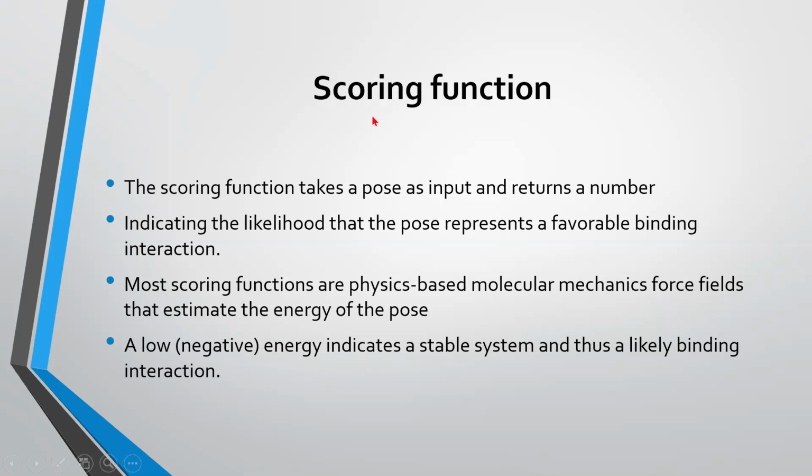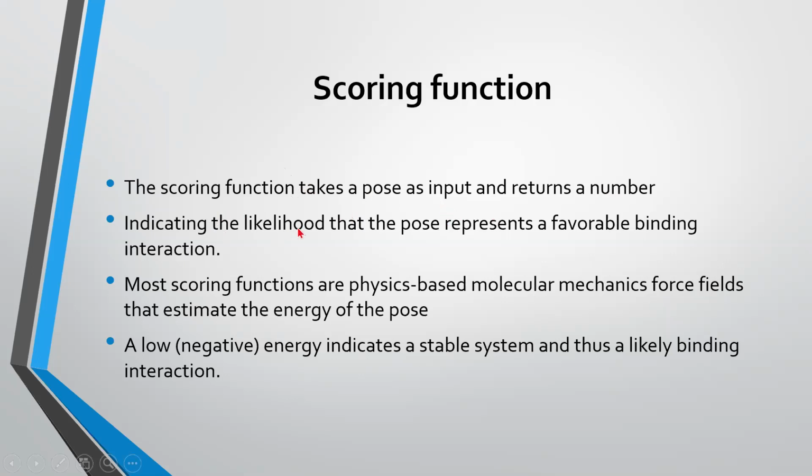You just need to understand that the scoring function is a method of calculation by which you can rank these different conformations of the protein and ligand complexes. Any scoring function, whichever you incorporate in the docking algorithm, takes a pose as input and returns a number.